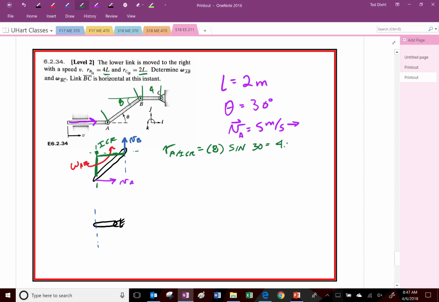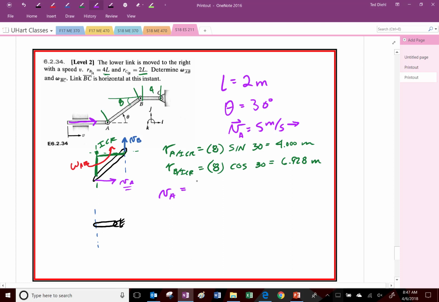So that makes that 4. And then RB with respect to ICR, it's going to be 8 times my cosine of 30 degrees, which is 6.928 meters.